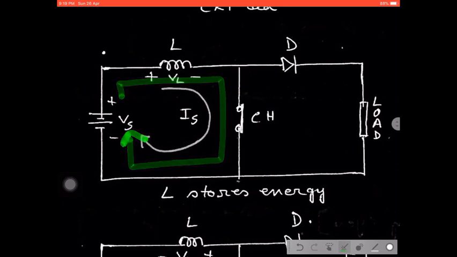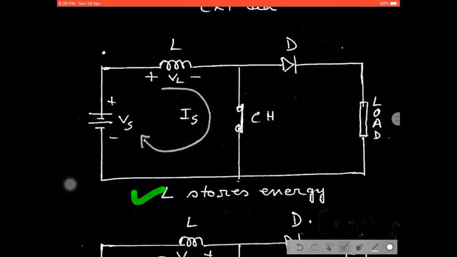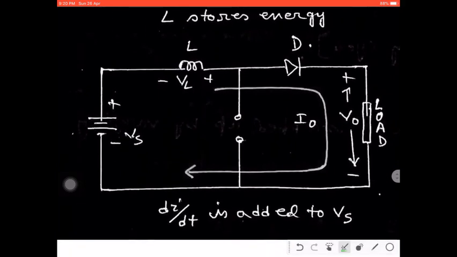Then the inductor gets charged to a value of supply voltage Vs. And the polarity of the inductor is, this part is positive and this is negative. Okay, and that is why we can say this is the mode of operation in which the inductor stores energy in it. Now consider the second mode operation where the switch is opened.